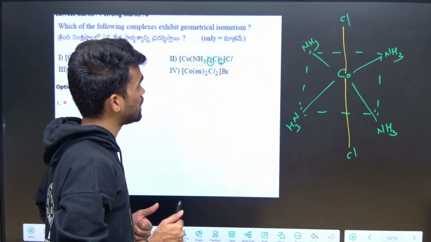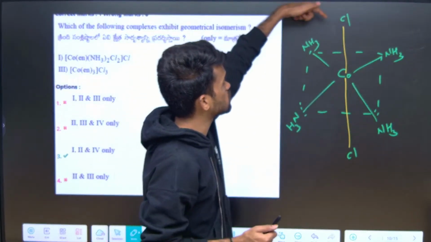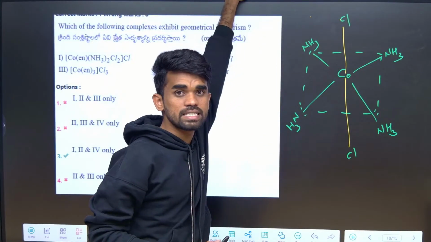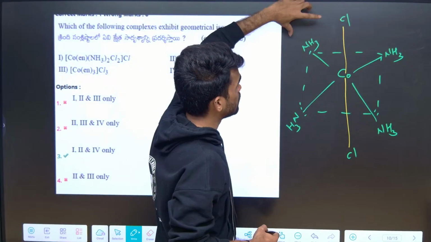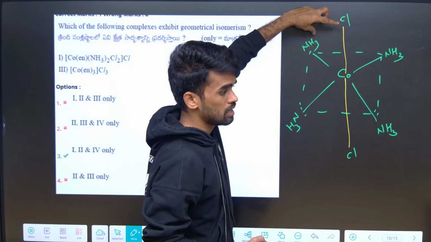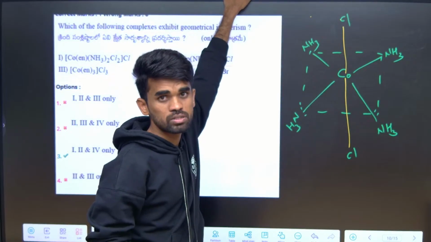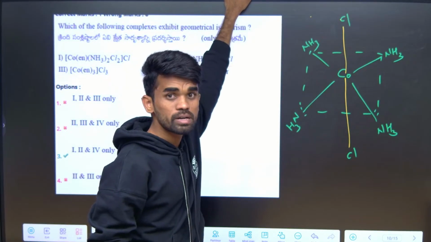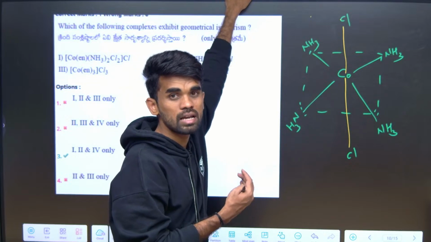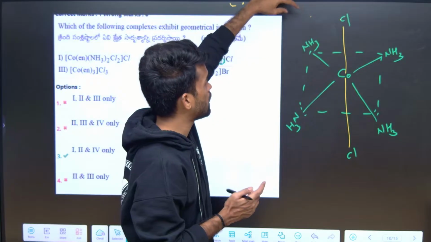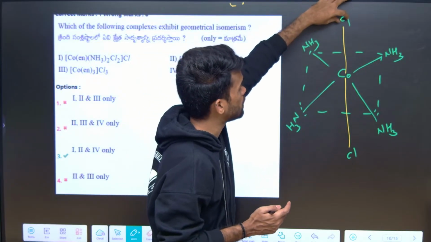Now one more possibility: I am placing this chloride ion here and ammonia here. In that case we will get the cis isomer. Whenever we change the position of these ligands we get different possible structures. Those are isomers, and here we call them geometrical isomers. Hope it is clear. This is the trans isomer. Similarly we will have cis by changing this chloride ion from here to here.